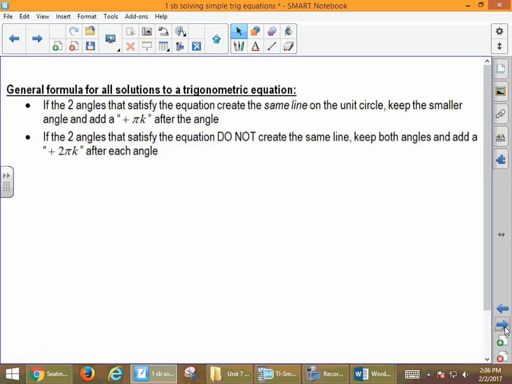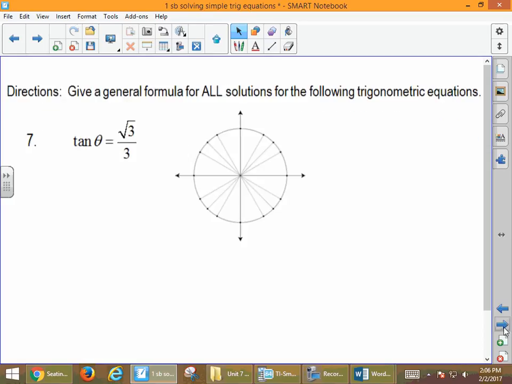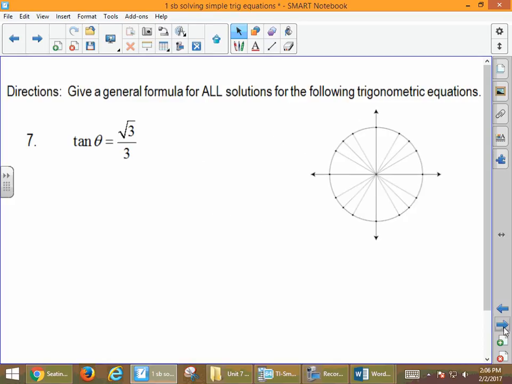If it forms a diameter on the unit circle, and we'll see it in the picture here in a couple minutes, then we're going to add pi k. If our line doesn't create a diameter on the circle, then we're going to add 2 pi k after each angle. So you probably are going, what the heck is she talking about? But I hope that I emphasized it a little bit. So here's the picture.